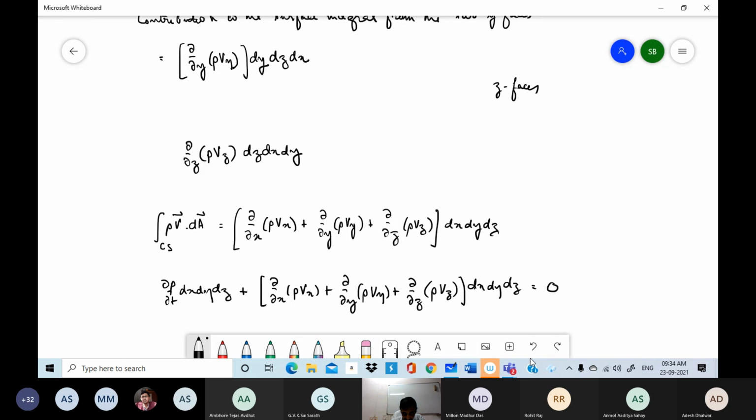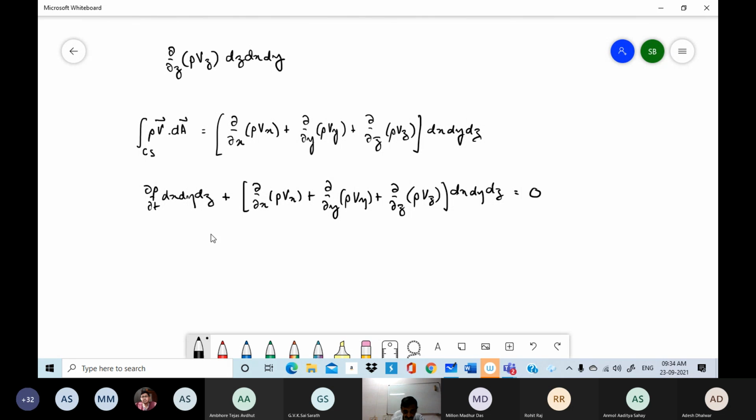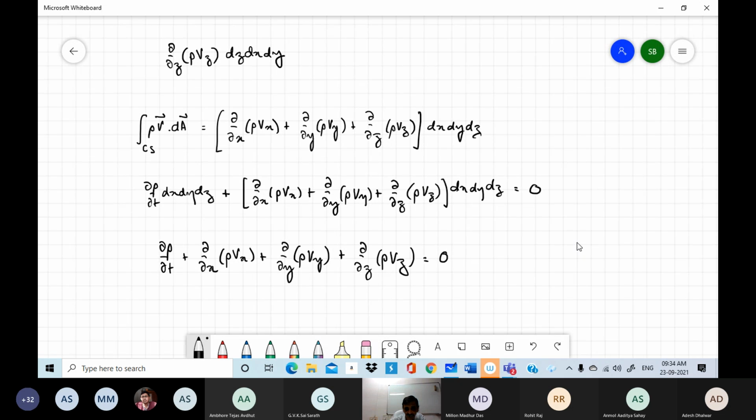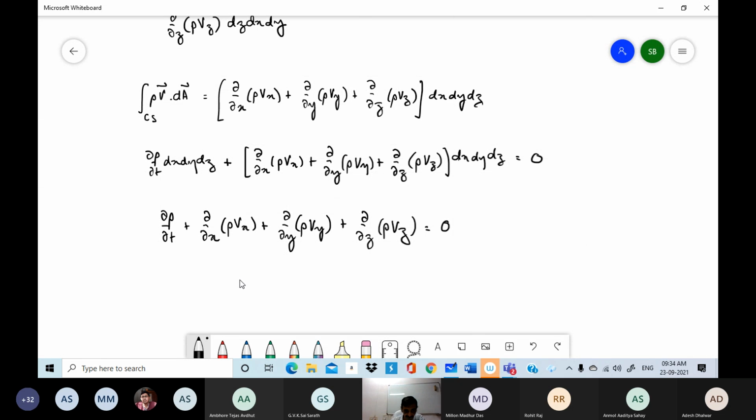Now this has to be equal to 0 for conservation of mass. Now all the terms are multiplied by this same factor dx dy dz, and dx dy dz is non-zero, so therefore I can cancel that common factor and write... So this is the continuity equation.